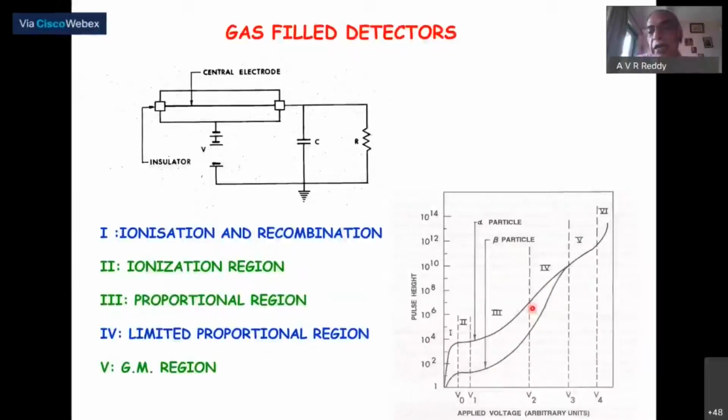Therefore, this entire region is called the limited proportional region. Here it is a recombination region. Here it is saturation, where all the ions are collected. Here the multiplication is beginning and it is a proportional region. And here the proportionality is reduced, though multiplication is increasing. So this will not give much idea about the initial energy. Therefore, it is not that useful.